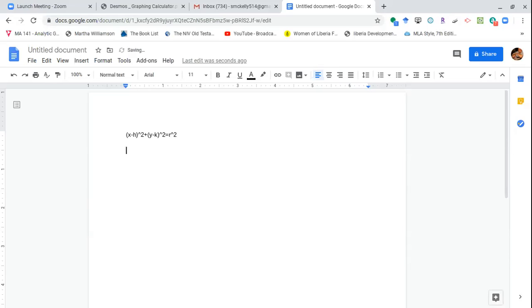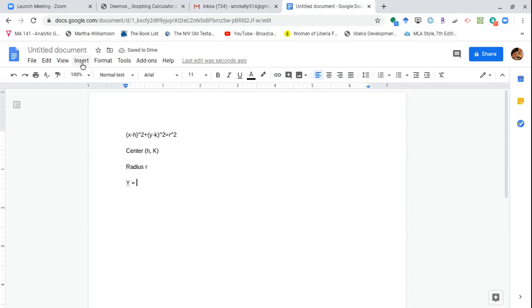And so the center is at (h, k). The center is at (h, k). And the radius is r. Okay?